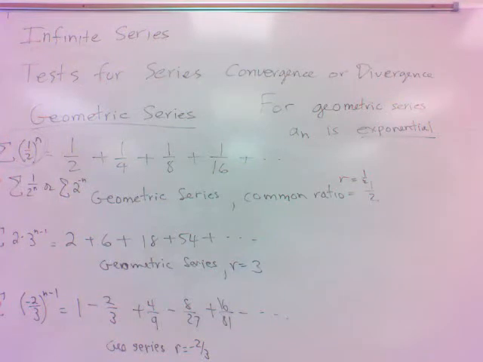All right. Now, let me go ahead and mention this one. I can write this one a little differently too. Sometimes we may need to do this. This one could look like 2 times 3 to the n times 3 to the negative 1, couldn't it? Couldn't I break up that 3 to the n minus 1? 3 to the n, 3 to the minus 1? What's 3 to the minus 1?